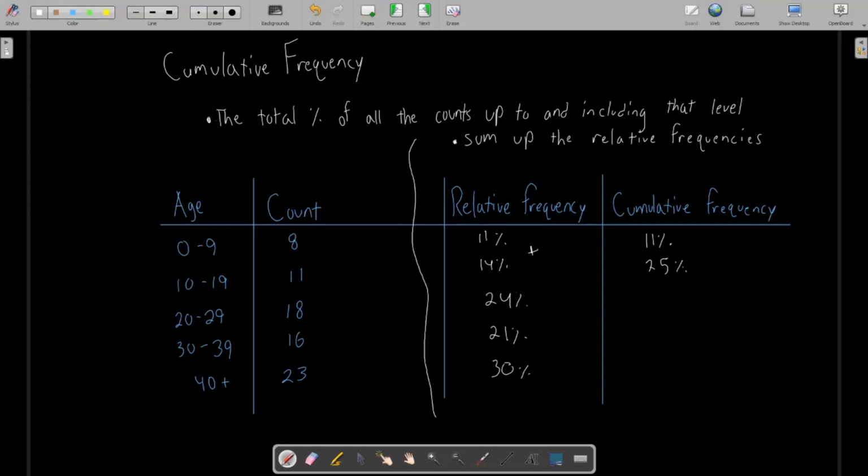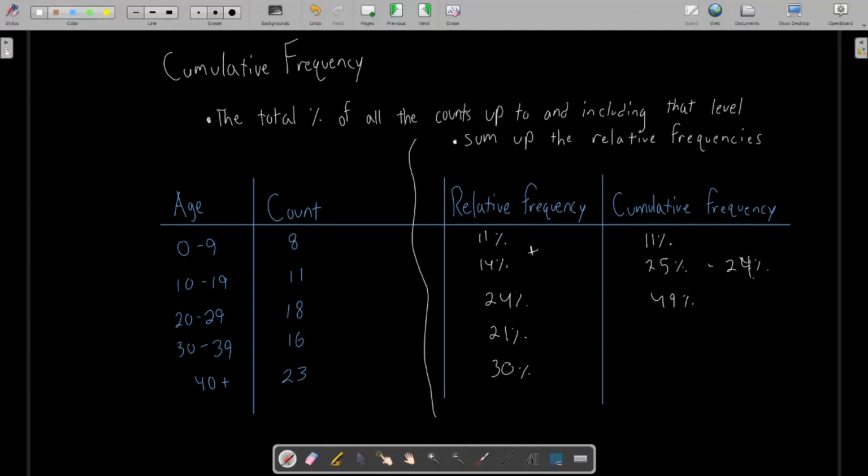And we can repeat this process. Now for the age 20 to 29 group, we take its relative frequency of 24% and add on the previous cumulative frequency, which is the sum of all of the relative frequencies before it. And so we get 25% plus 24%, and that will give us 49%.